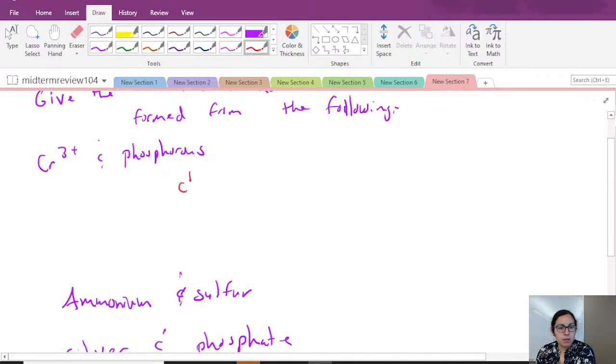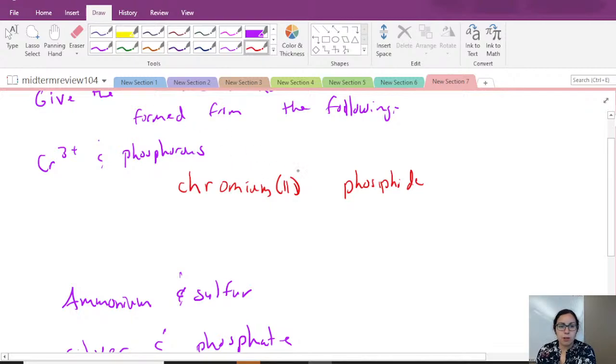So chromium, and then what do we need between that chromium and the phosphide? Because what kind of metal is that? 3? Yep, so we need chromium 3 phosphide.